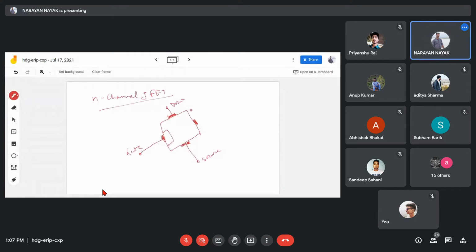And this is your depletion region. Understood? This is your depletion region.